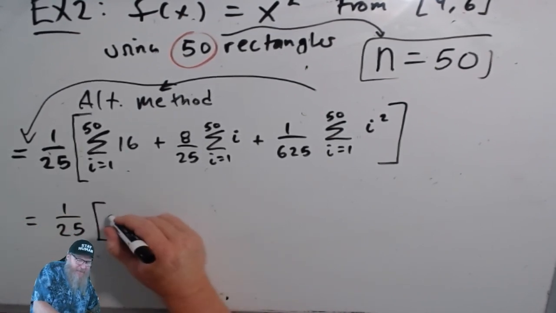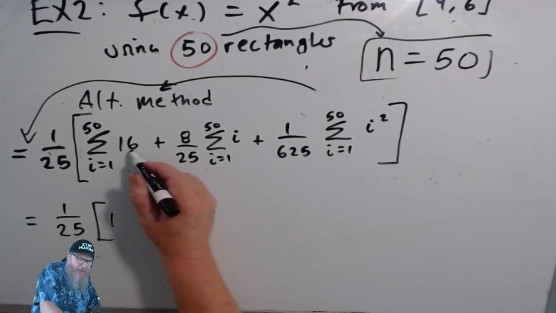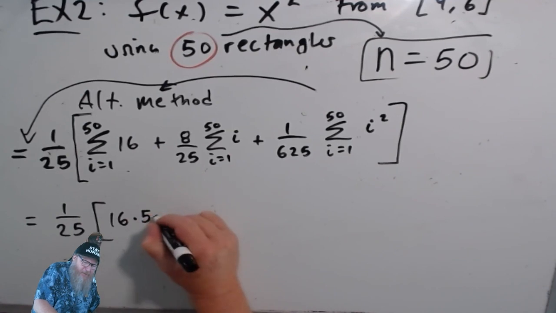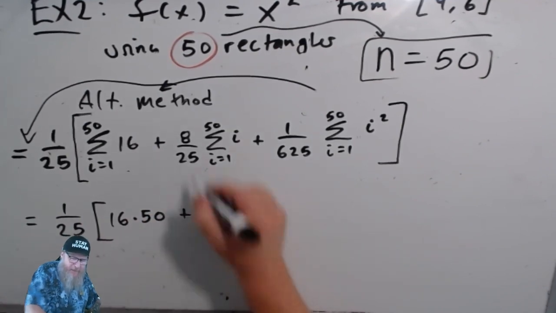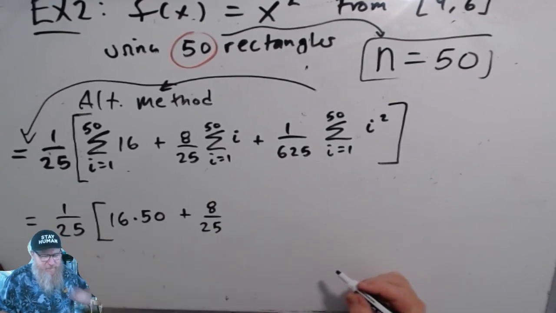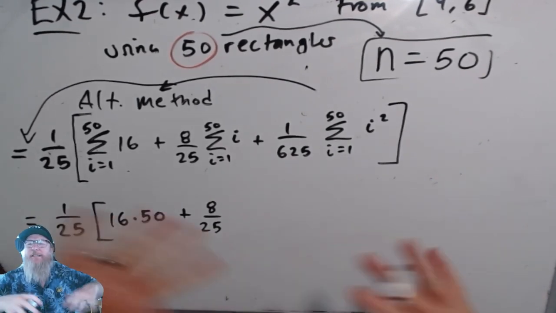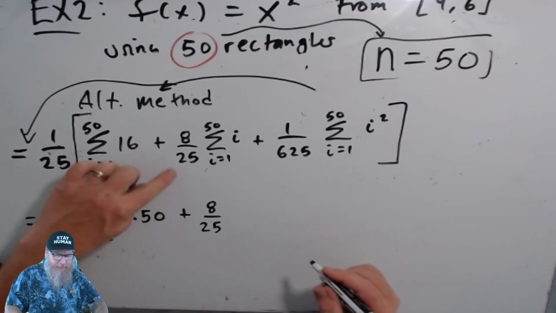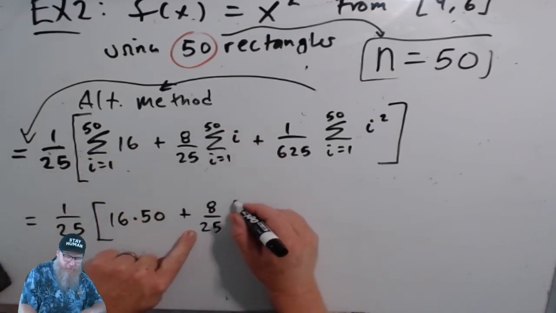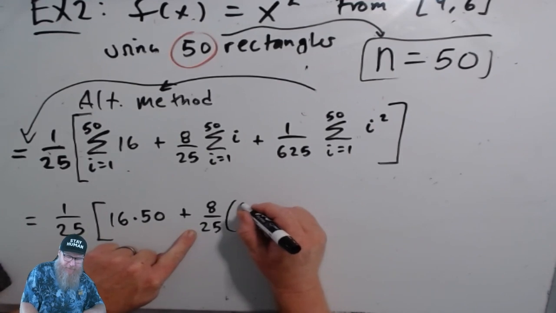I don't know if it's any easier, but this is going to be whatever k is times the number of rectangles, times 50. It's almost like cleaning it up so that you can save the messy stuff for later. Then you have 8 over 25, and then use the formula for 50 rectangles.